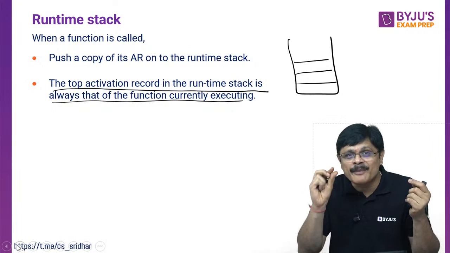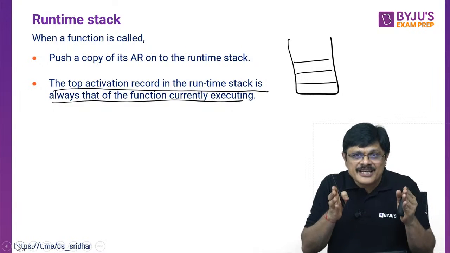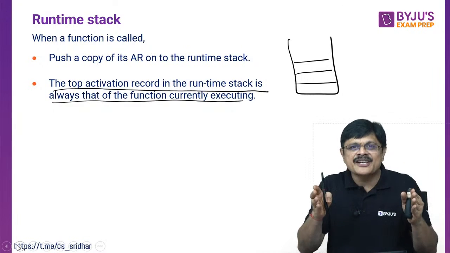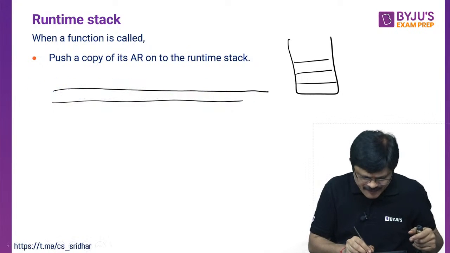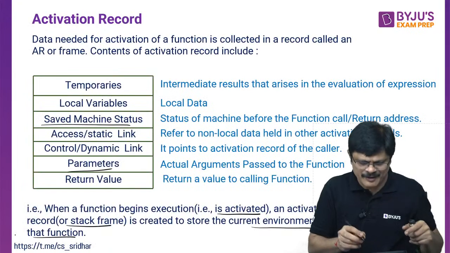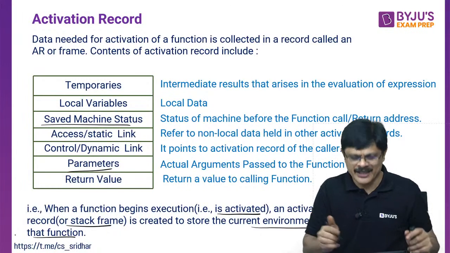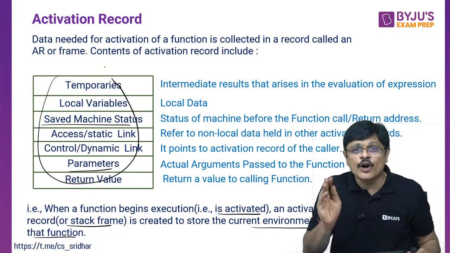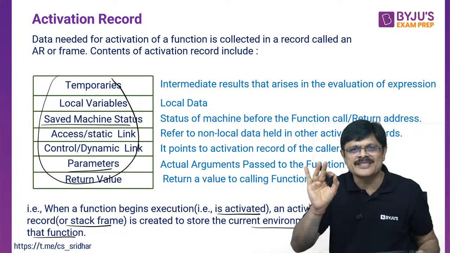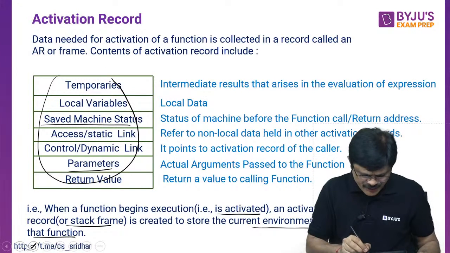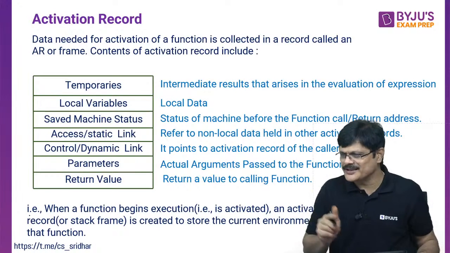What I mean is, when a particular function is called, the activation record of the function is created, and in that activation record all this information will be stored. That is what we need to understand. It is not the physical order, it is just a logical order. Please try to understand, and don't get into the exact picture.